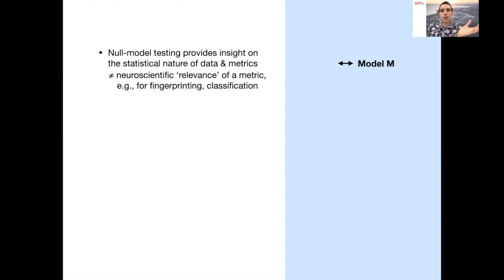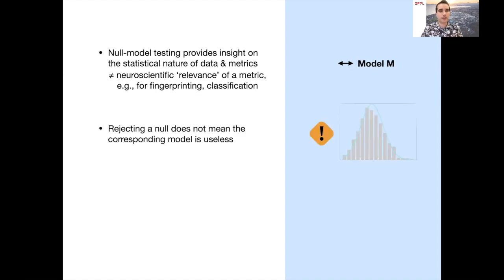Otherwise, if you just want to show that your metric is relevant for brain fingerprinting, then assess the robustness of brain fingerprinting, but there is no real relevance in comparing it against brain fingerprinting achieved in a surrogate dataset, meaning a surrogate of the fMRI time series.